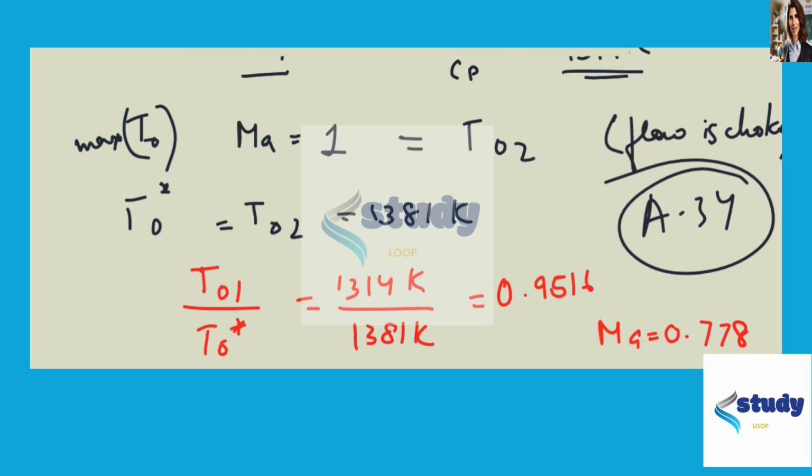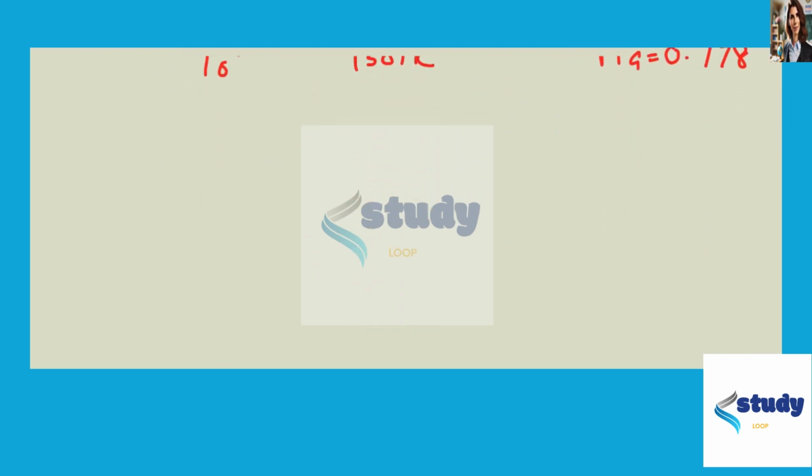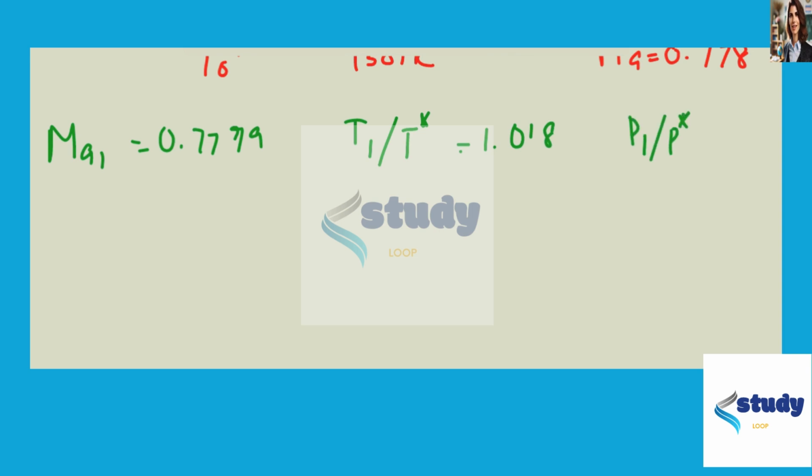Now we are taking these conditions so that we could get the requisite values that we are required to have. Okay, so here Ma1 equals 0.7779, T1 upon T star equals 1.018, P1 upon P star equals 1.301, V1 upon V star equals 0.7852.